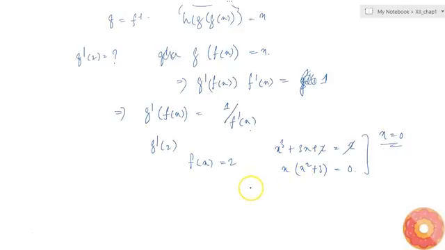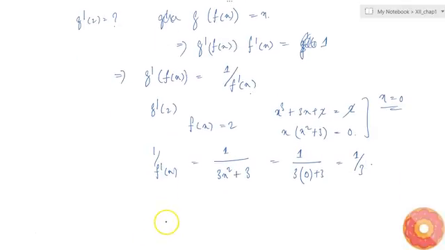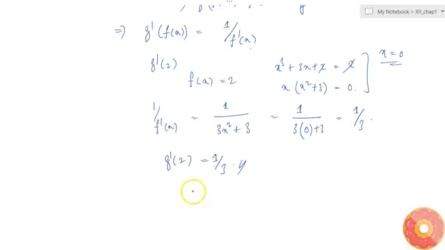So at x equal to 0 we find 1 by f dash of x, that is 1 by 3x square plus 3, which is 1 by 3. So g dash of 2 is equal to 1 by 3, and option A is wrong.